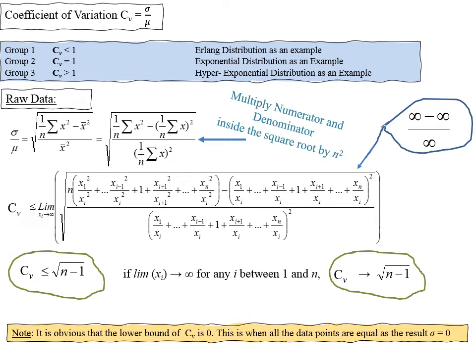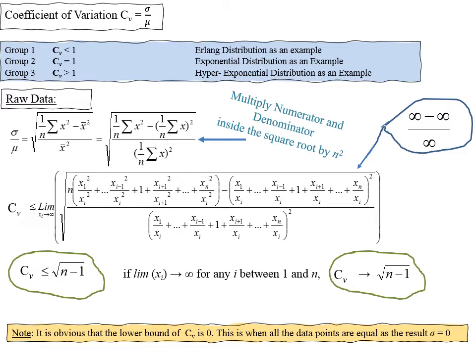Simply, coefficient of variation by definition is equal to standard deviation divided by the mean of the data. Now, there are some groups of data according to the value range of coefficient of variation. For example, data having coefficient of variation less than 1, normally we name them Erlang distribution.